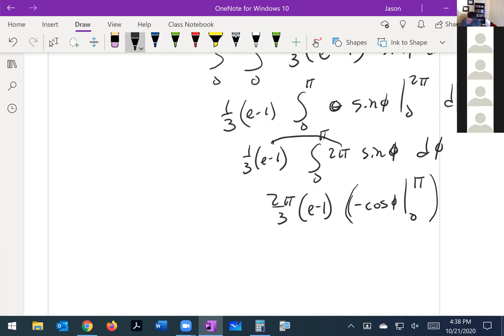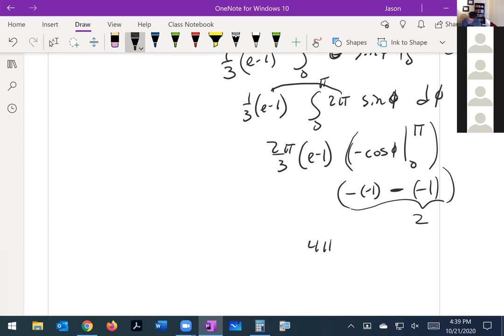So the cosine of pi, well, that's -1. So this is the negative of a -1, minus the negative of, well, what's the cosine of 0? That's 1. So minus a -1. So this is the -1, which is +1, minus the -1, which is another +1. So this is just going to be 1 plus 1, which is 2. So I'm going to multiply that.